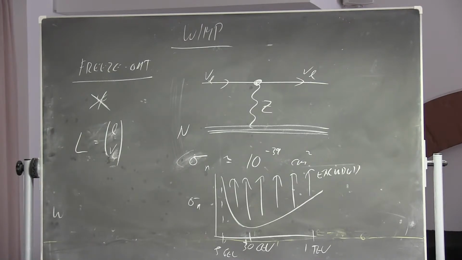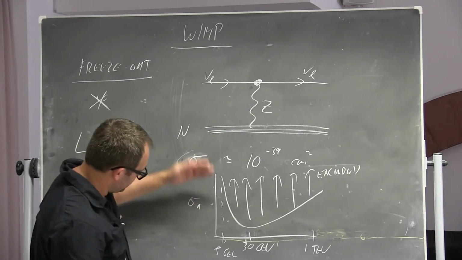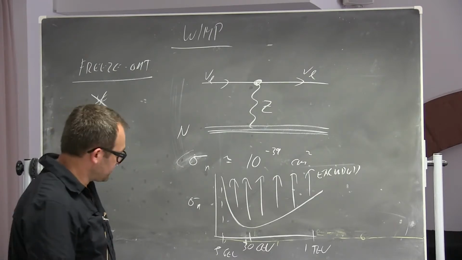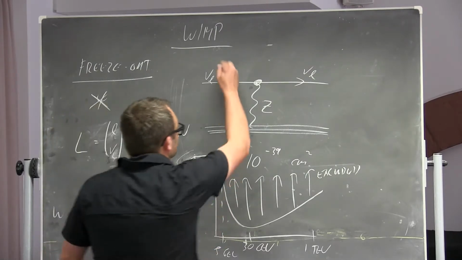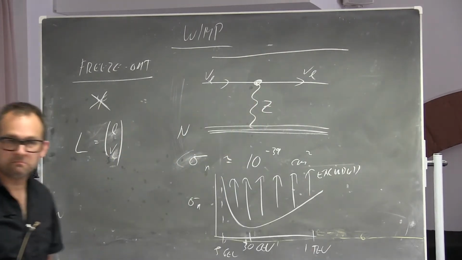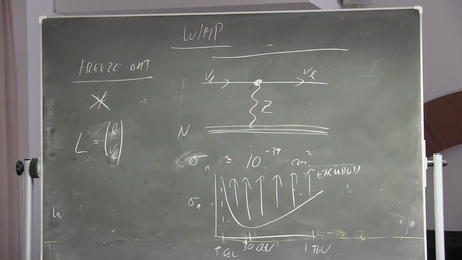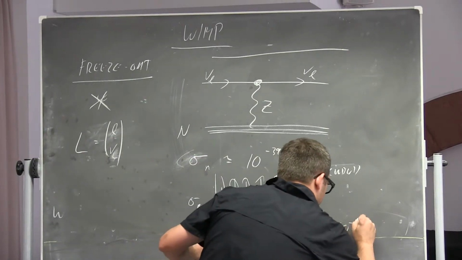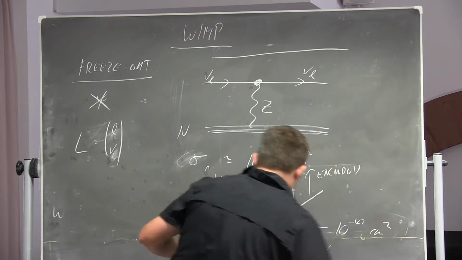You say, well, that's no problem because 10 to the minus 39, where is that? Where is that on here? Relative to the latest experimental data, it's up here. This number is 10 to the minus 47 centimeters squared, roughly.